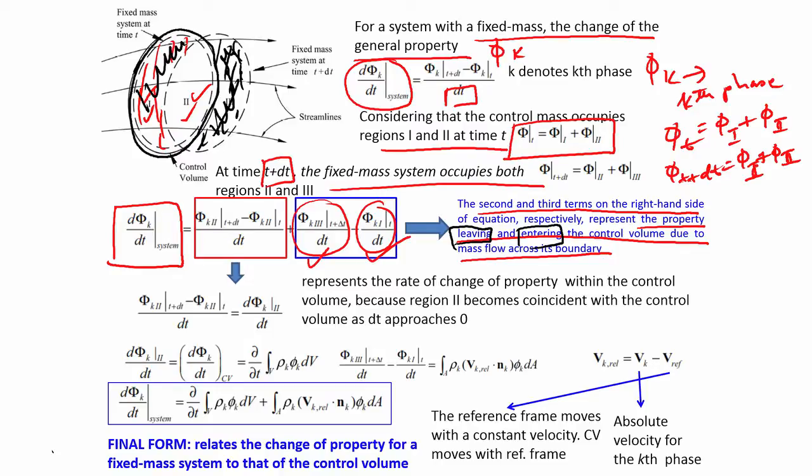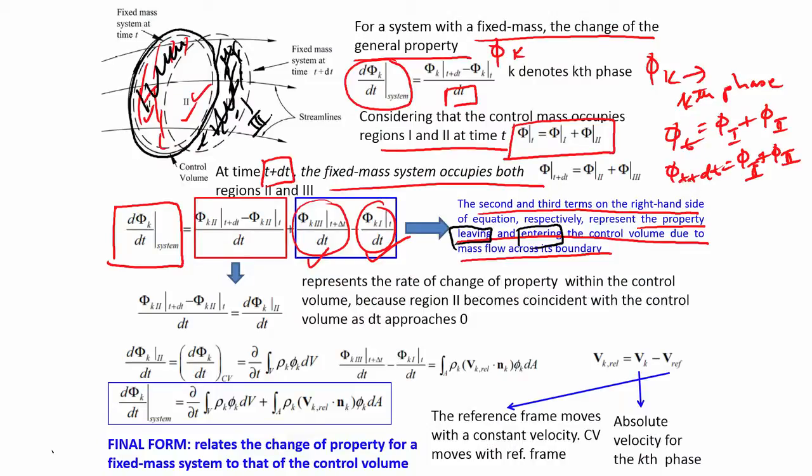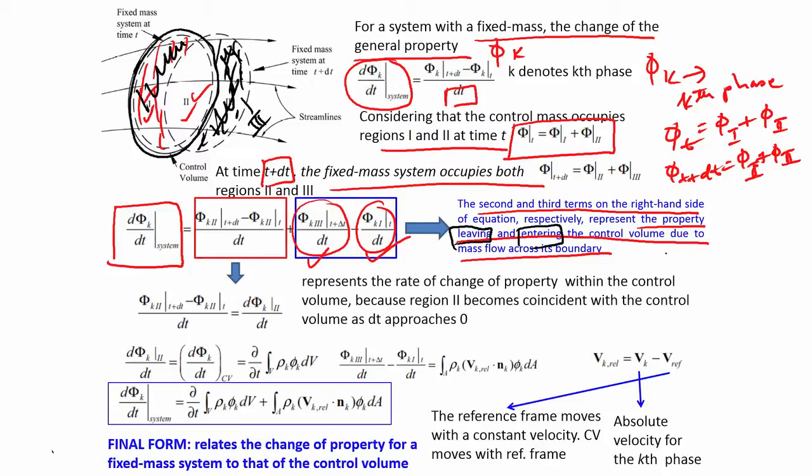The control volume is fixed, and this fixed mass has moved, transiting through the control volume. As this fixed mass transits through the control volume, region 3 is the mass that is leaving the control volume, whereas 1 is the mass that has entered into the control volume, correct. So, that is the thing that we have stated over here.